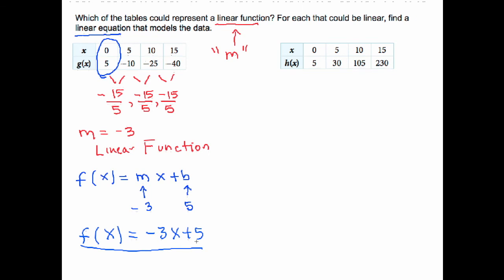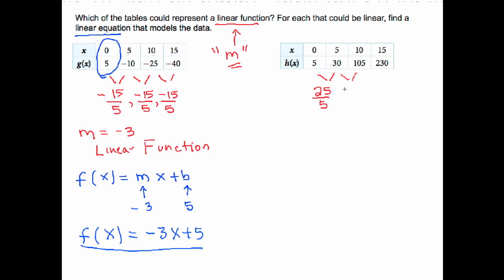Looking at the second table, we do have a function. Is it linear? Well, again, I'm going to see if I can detect a constant rate of change. If I look at the first two coordinate pairs and look at a change of output over change of input, I get 30 minus 5, which is 25, over 5 minus 0, which is 5. Next two consecutive coordinate pairs, well, the difference of the outputs would look like 105 minus 30.